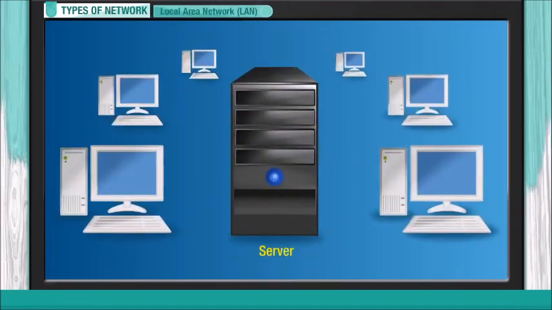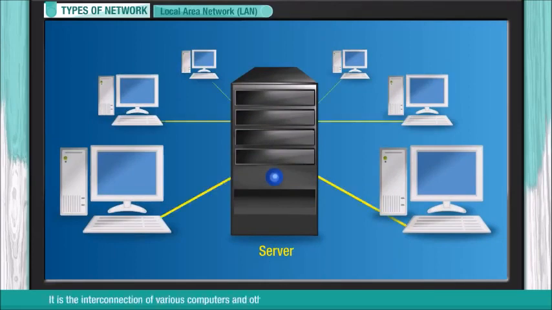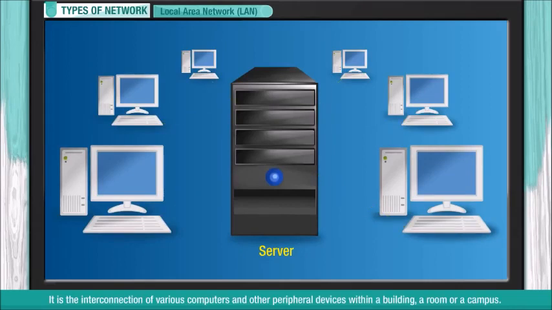Local Area Network, LAN. It is the interconnection of various computers and other peripheral devices within a building, a room, or a campus. It provides a useful way of sharing resources between end users.